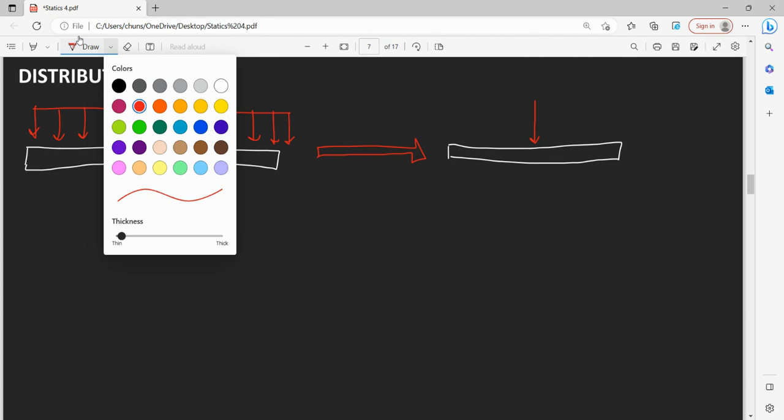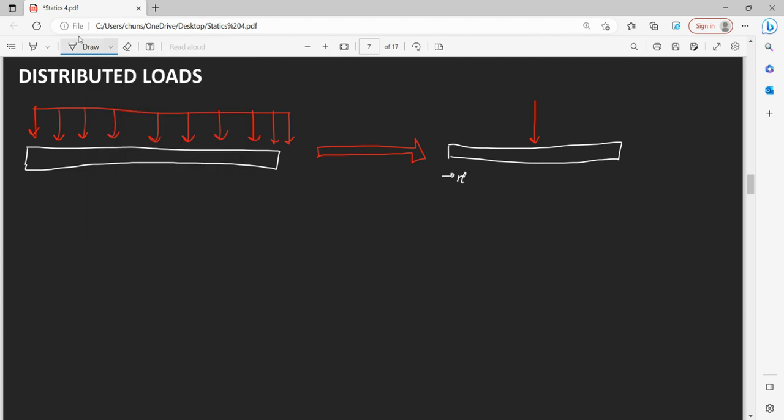So for rectangular forces, our force is the distribution times the length it acts on.